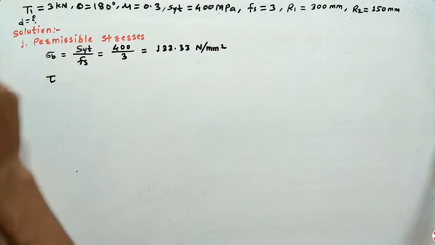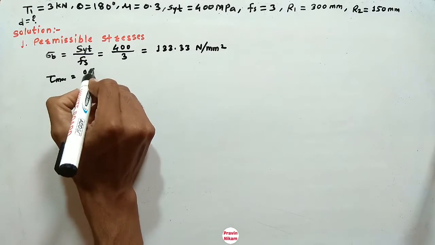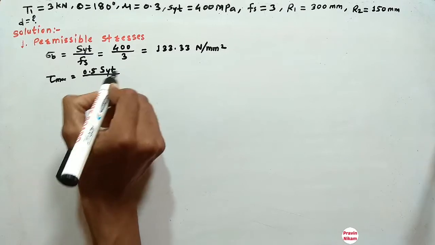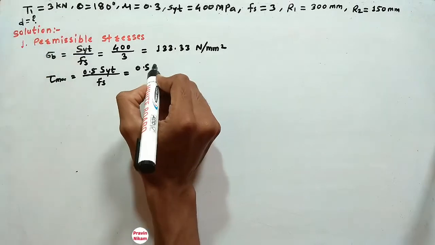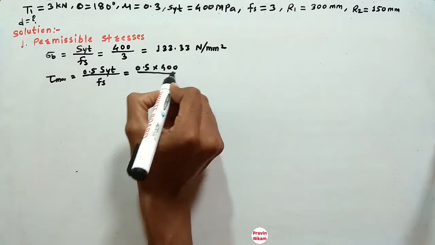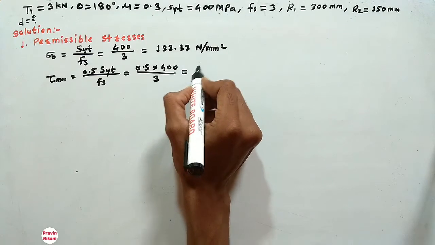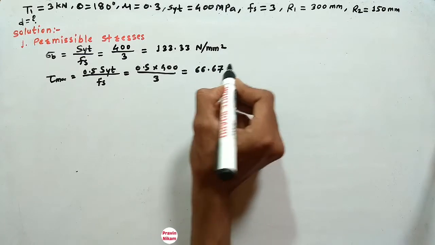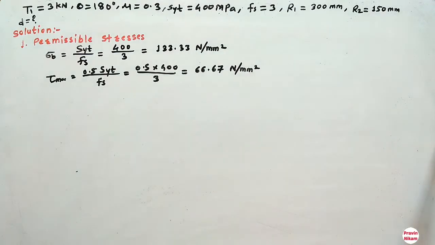Then tau max is equal to 0.5 SYT divided by factor of safety, so 0.5 into 400 divided by 3, which is 66.67 Newton per mm square. So this is the first step.